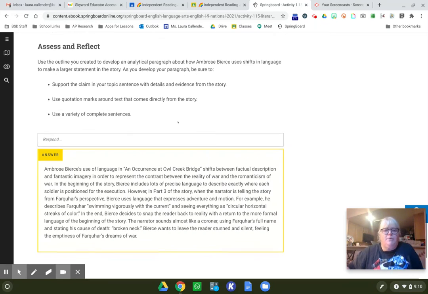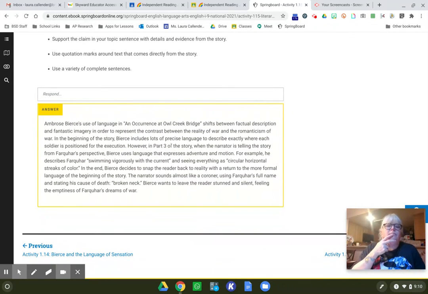So let's go ahead. I'm going to read it to you. Ambrose Bierce's use of language in "An Occurrence at Owl Creek Bridge" shifts between factual description and fantastic imagery in order to represent the contrast between the reality of war and the romanticism of war. So here I have my tagging, Ambrose Bierce.